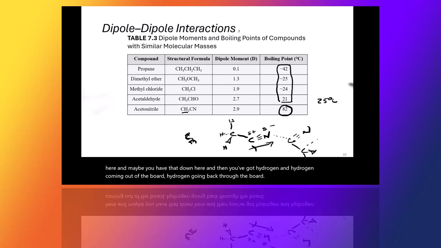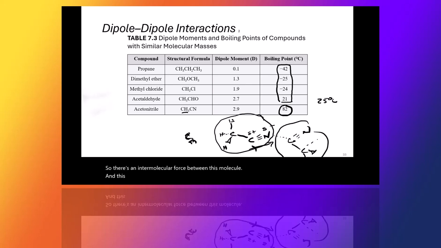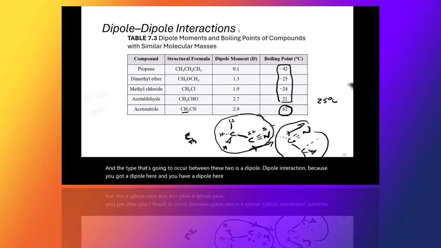So there's an intermolecular force between this molecule and this molecule. And the type that's going to occur between these two is a dipole-dipole interaction, because you got a dipole here and you have a dipole here. This partially negative is attracted to the partially positive of that carbon. It's not a true bond, it's just a force of attraction.